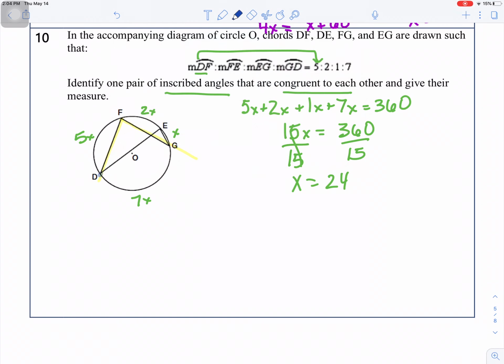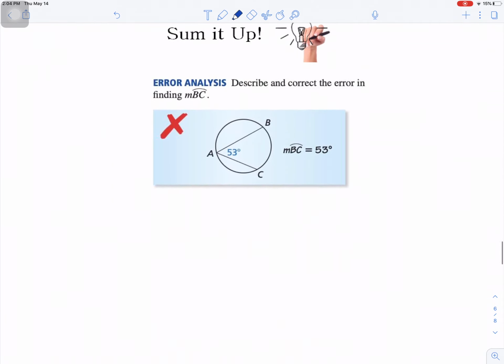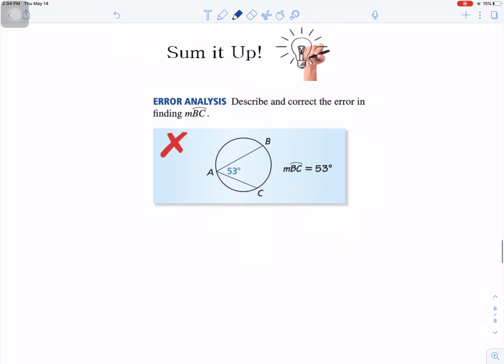It has to hit here and here. How about that angle? They both intercept the 7x, so they'll be half of 7x, 7 times 24. There's another pair there. If you change your view somewhere else, use another pair of inscribed angles that intercept the same arc.